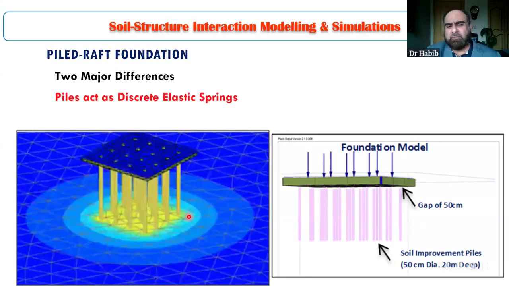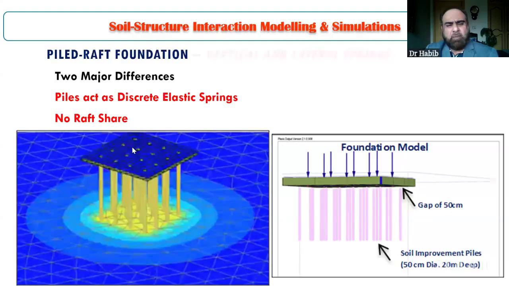The first difference is this: in empirical formulations, piles are considered to act as discrete elastic springs. This is one of the assumptions. And secondly, in many cases, we ignore the raft shear.